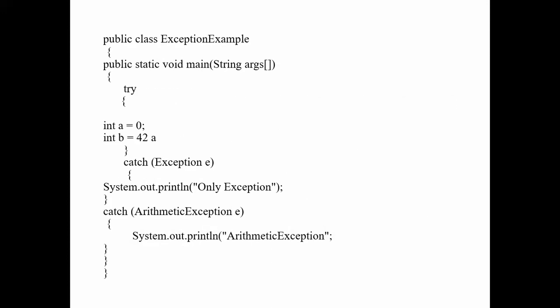Otherwise the compile time error is raised. Instead of using the asterisk, I am using the division symbol. If I use the division symbol, the compile time error will not be raised now.